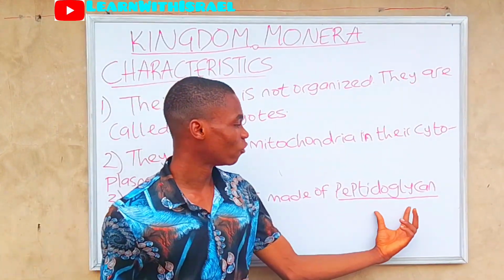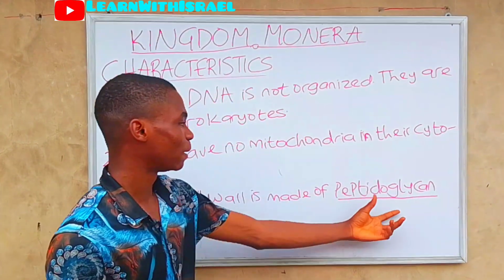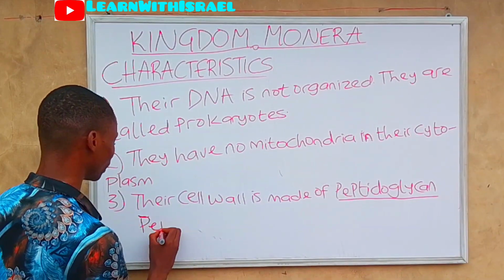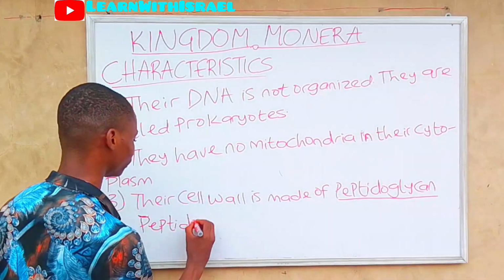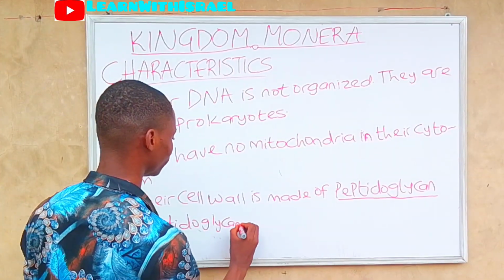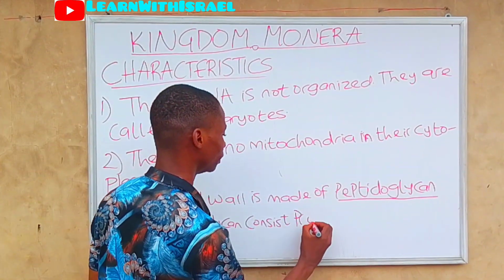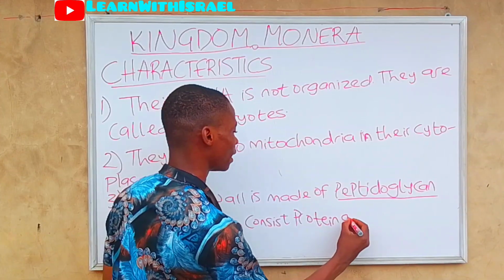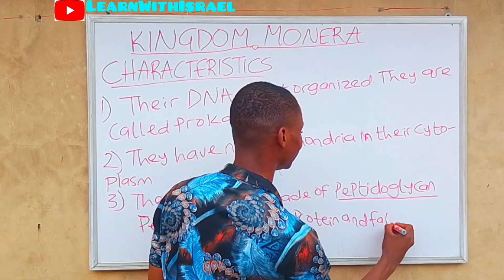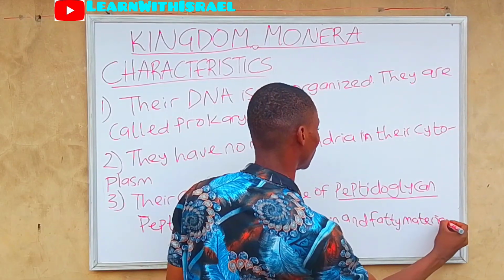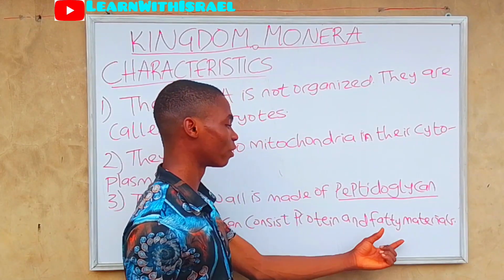Their cell wall is made of peptidoglycan, and this peptidoglycan consists of protein and fatty material, from the word fatty acid.